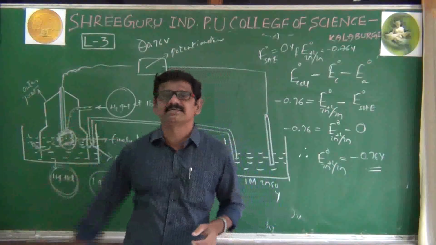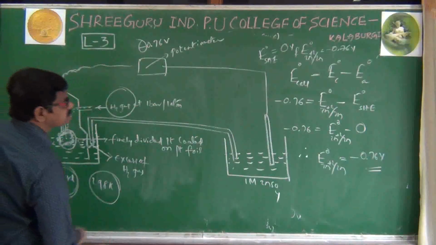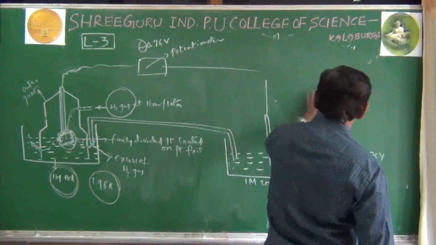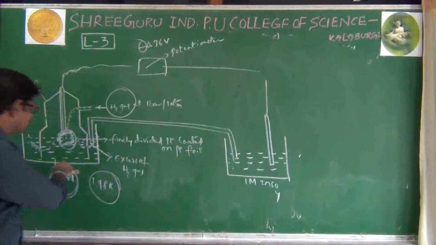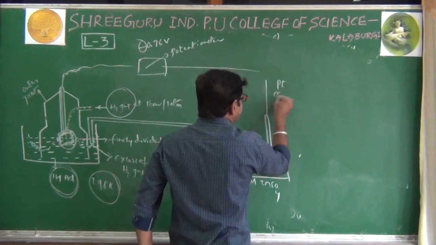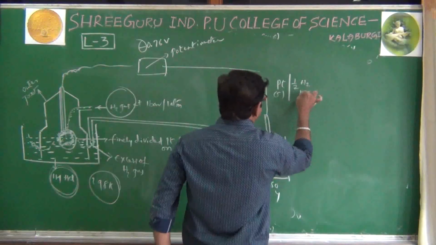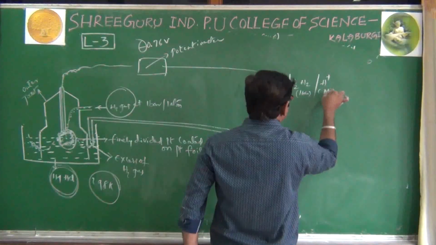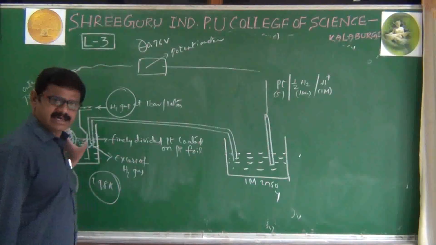Oxidation is loss of electrons. Therefore, first I show the platinum, because on platinum we send hydrogen gas, half H2, at 1 bar pressure, then H+ whose concentration is 1 molar. Up to here the anode symbol is complete.